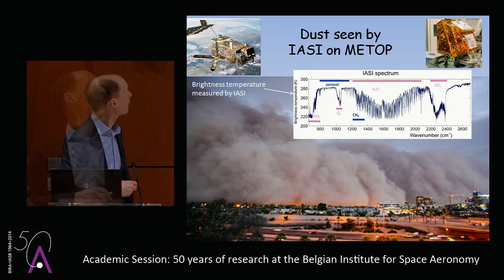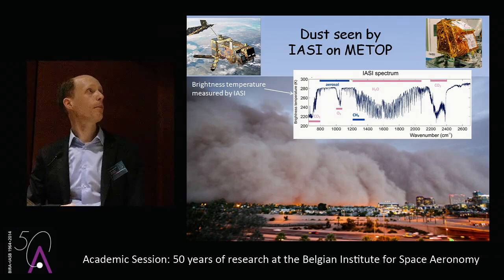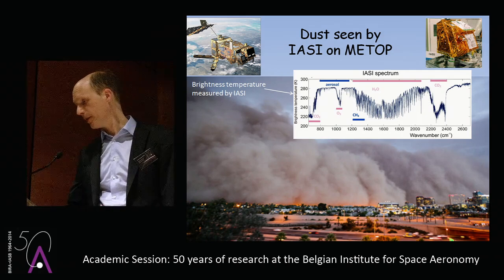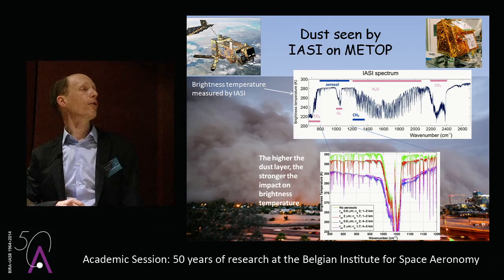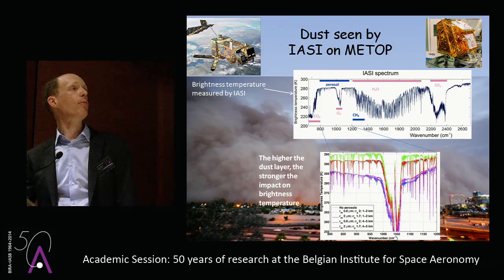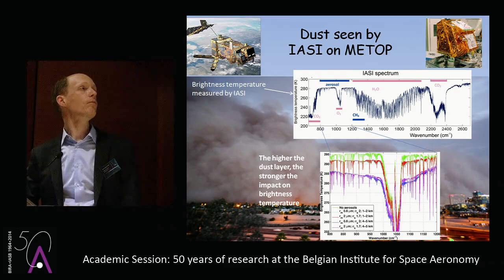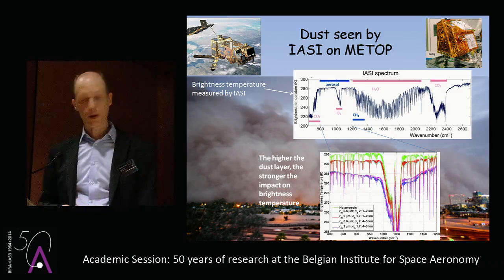This shows a brightness temperature measured by the IASI instrument on METOP, and this range of the wave number is where you can detect the presence of aerosols, because as you see here, comparing the spectrum that you get without aerosol and with aerosol at different altitudes, the effect on the brightness temperature is quite large.